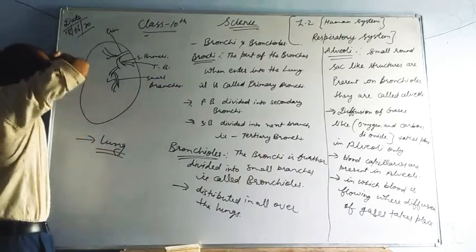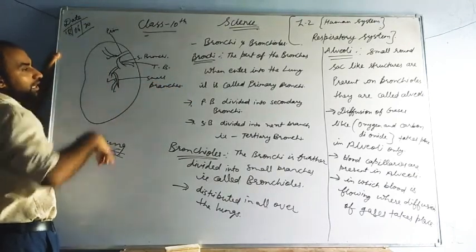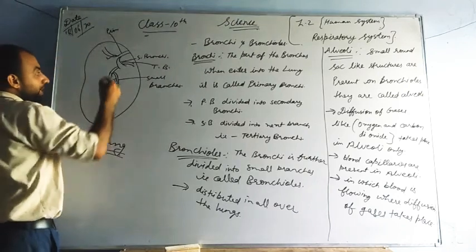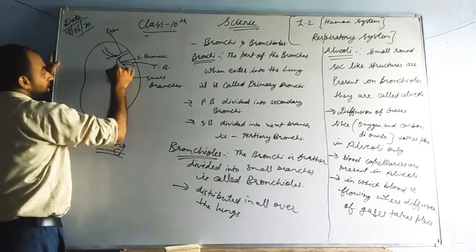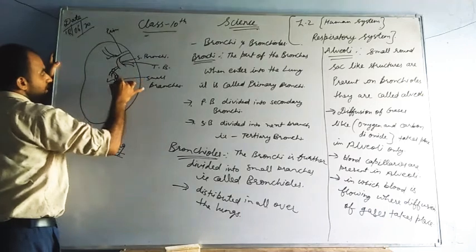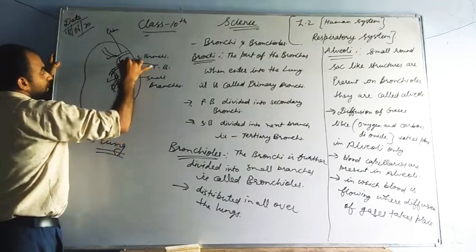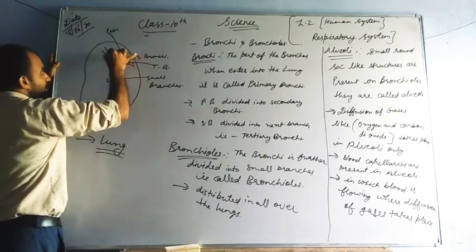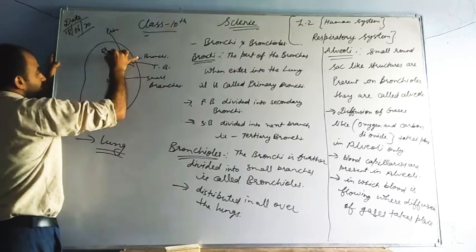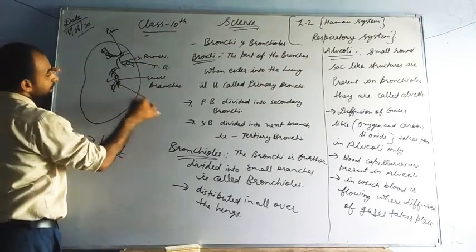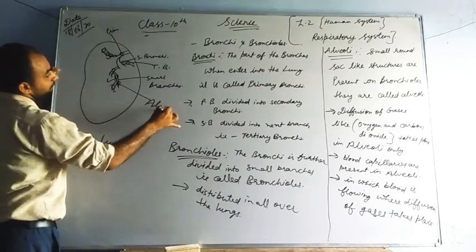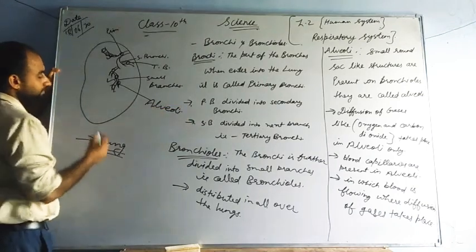Now, all over the lung, they are distributed, and on them, in this manner, like this, small, round sac-like structures are present. Clear? These structures are called alveoli.